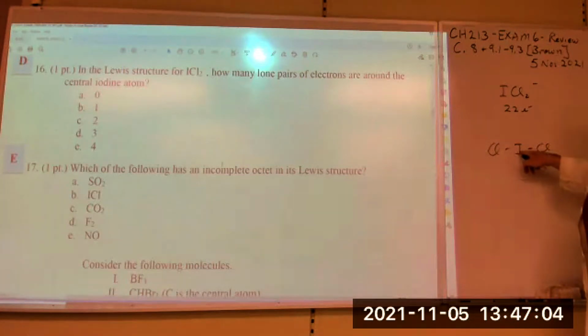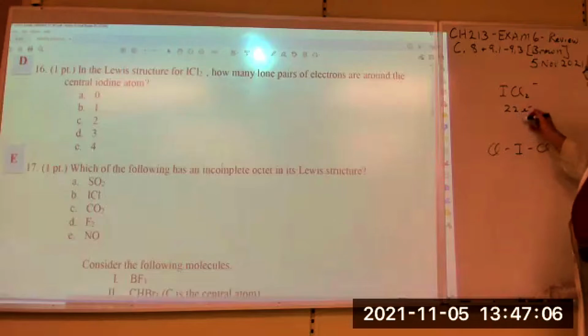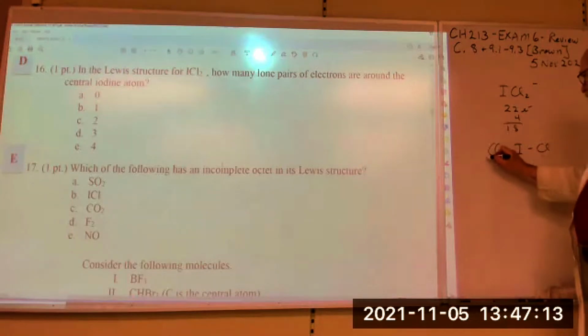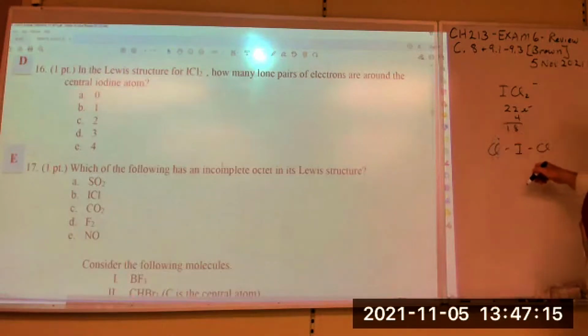Okay, so we've used up 4, which means 18. So that's 6, 12 extras used up, which is 6. So now I can put 1, 2, 3, 4, 5, 6.